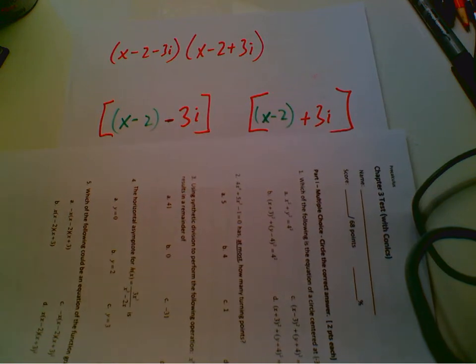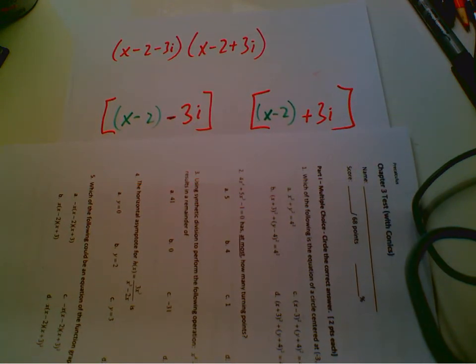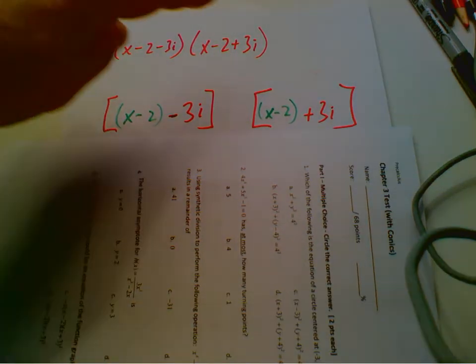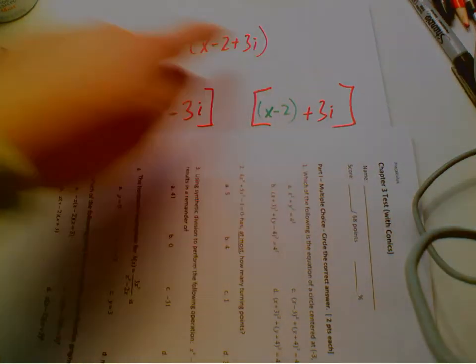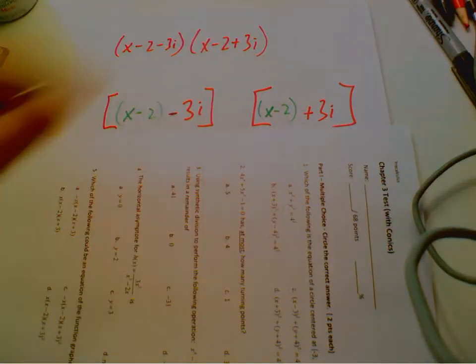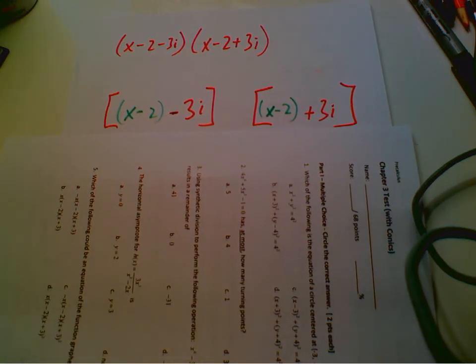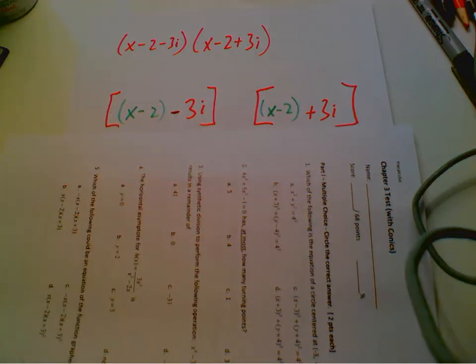Now look what I've done here. Same thing, I've gone back to some parentheses just to help myself see it a little bit better. If I was so inclined, I could do the old brute force, distribute the x to these three terms, the negative 2 to these three terms, the negative 3i to these three terms. I'd wind up with 9 terms, and then I'd have to reconcile, consolidate, cancel out, and so forth. That's a lot of multiplication.